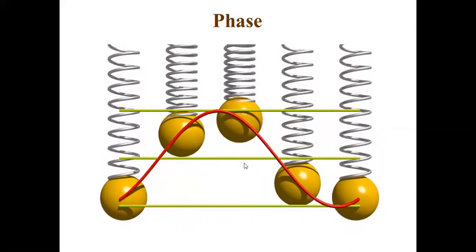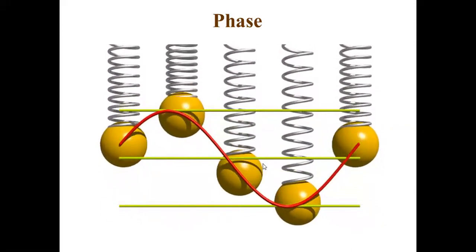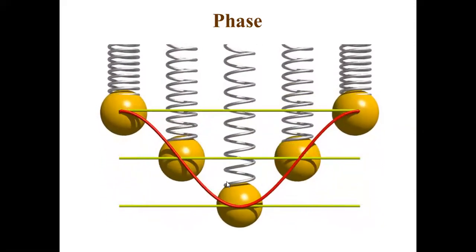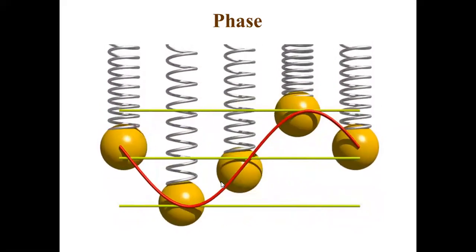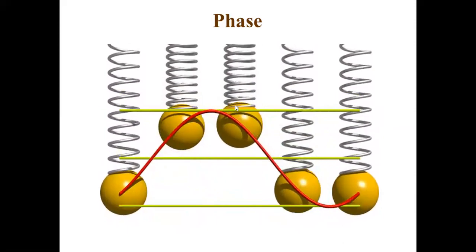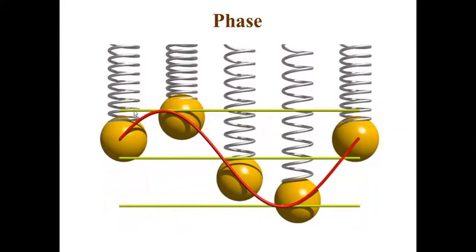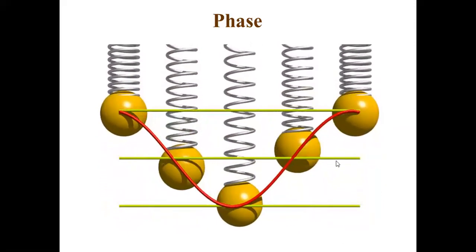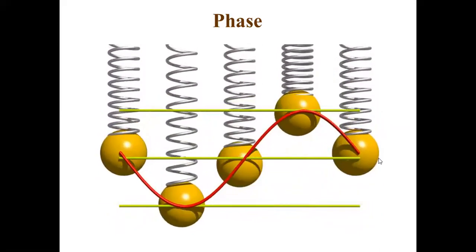See, neighboring molecules are always neighboring in the sense at a distance of lambda by 4. They have a phase difference of pi by 2, 90 degrees. Okay, try to understand how the molecules are.